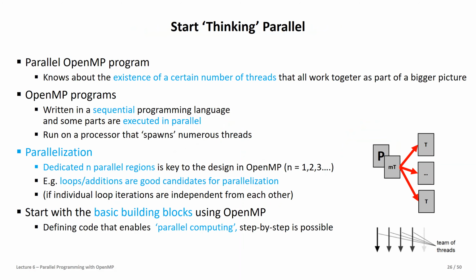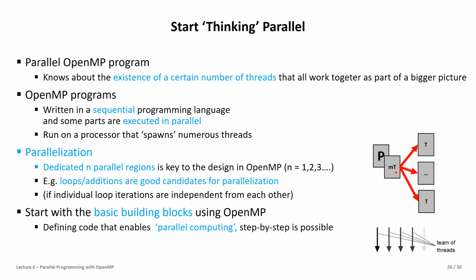So the first thing you have to think about again is, of course, thinking parallel. That is an important part of the course, as you can imagine, enabling us to do high performance computing. What we see here is a little bit how the situation works, with the master thread spawning a team of threads.